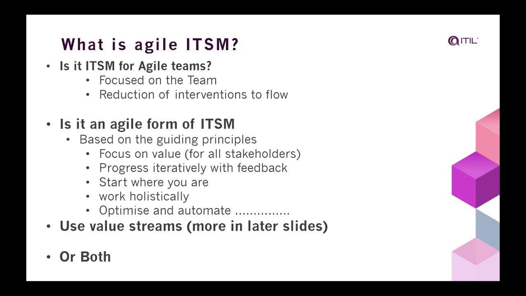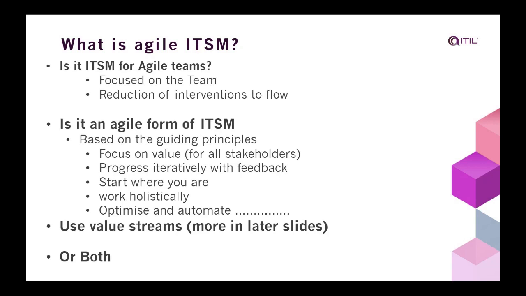So ITSM for Agile teams is about that. It's very much about how you recover from things, how you sort things out, a lot of the traditional things, but done in a more Agile way, more iteratively with feedback, going back to another guiding principle, how you enable that flow to be fluid, to move through nicely and not create bottlenecks.